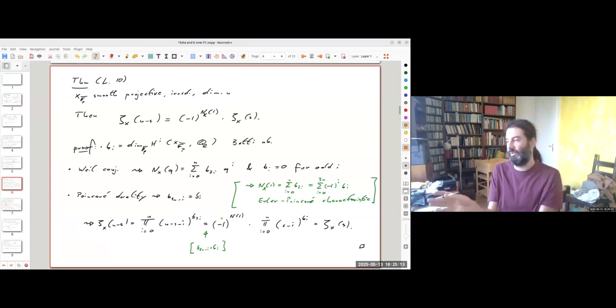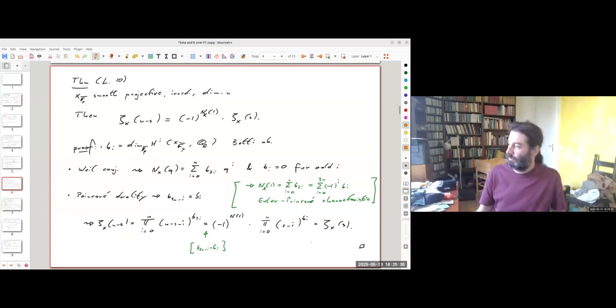It's a change of variables, and switching s with n minus s identifies this product with (-1) to the N_X(1) times the product for the zeta function at s. So I just use two big theorems here to deduce this.